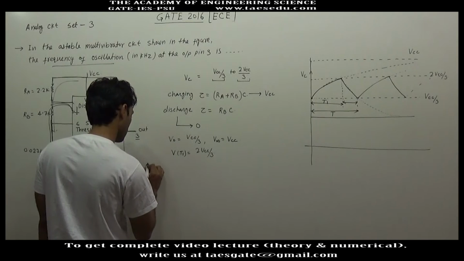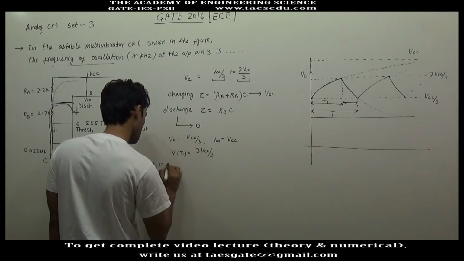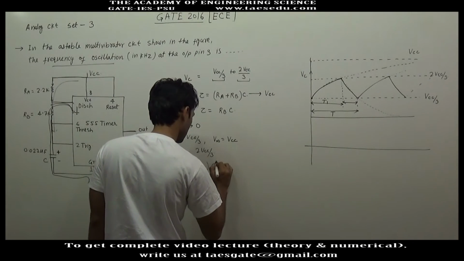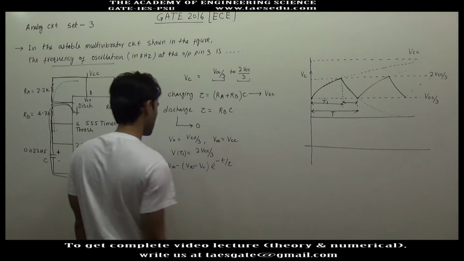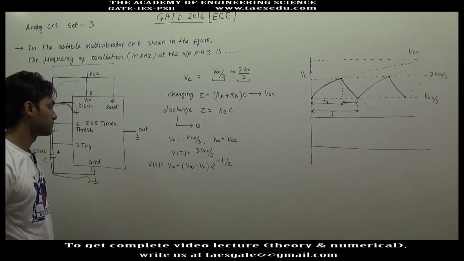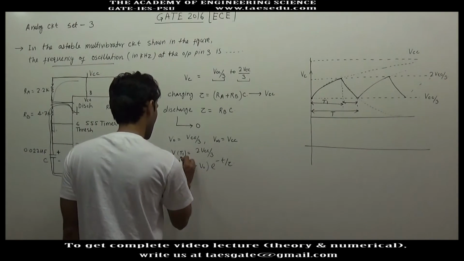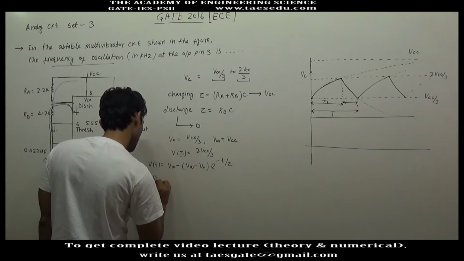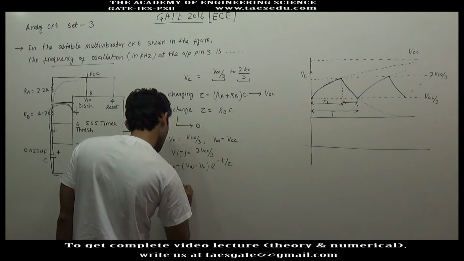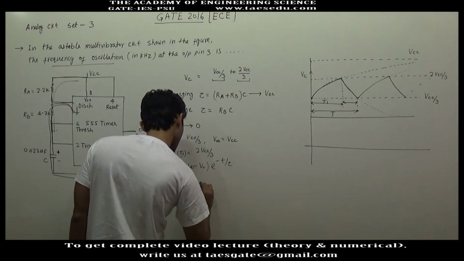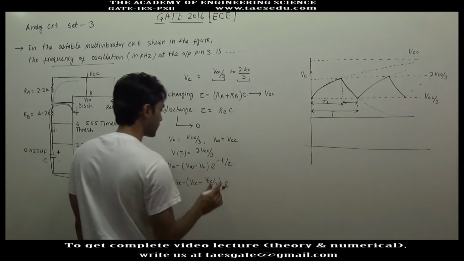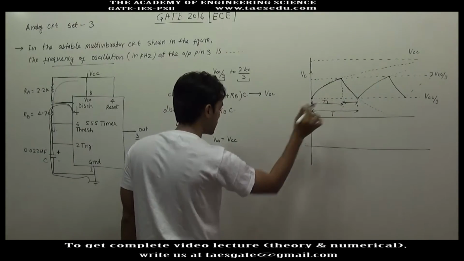Now we will apply this formula. Vt is equal to V infinity minus V0 into e to power minus t divided by tau. This we have studied in DC transient circuit. So at time t1 the voltage 2 VCC by 3 is equal to V infinity, which is VCC, minus V0, which is VCC by 3, into e to power, the duration is t1.